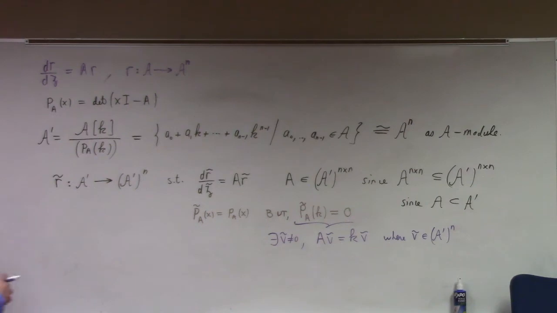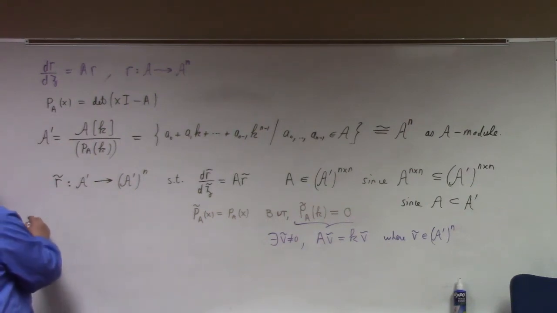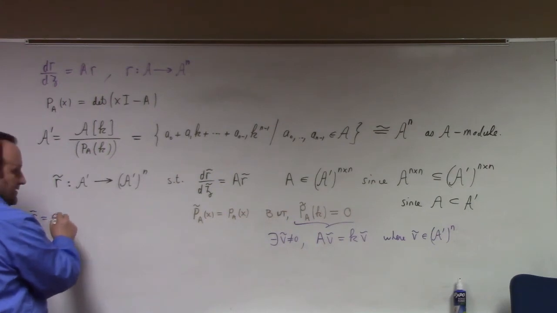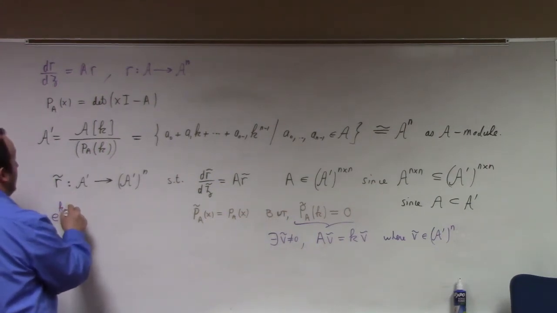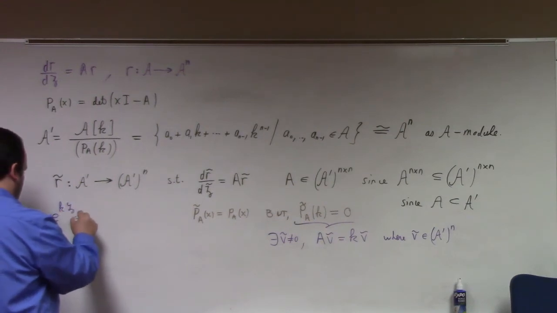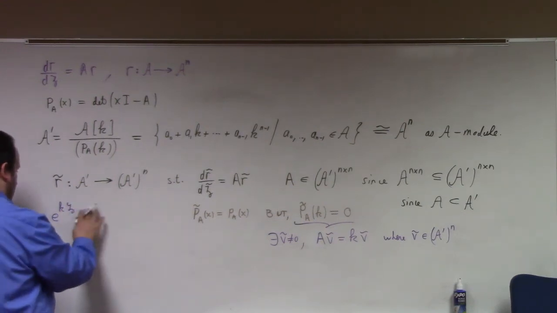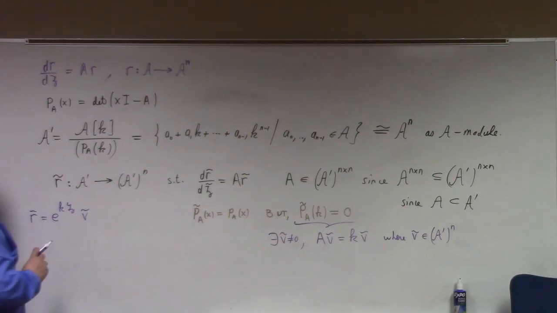And so, if we look at R tilde being e to the what? E to the k zeta times v tilde, how does this work out?